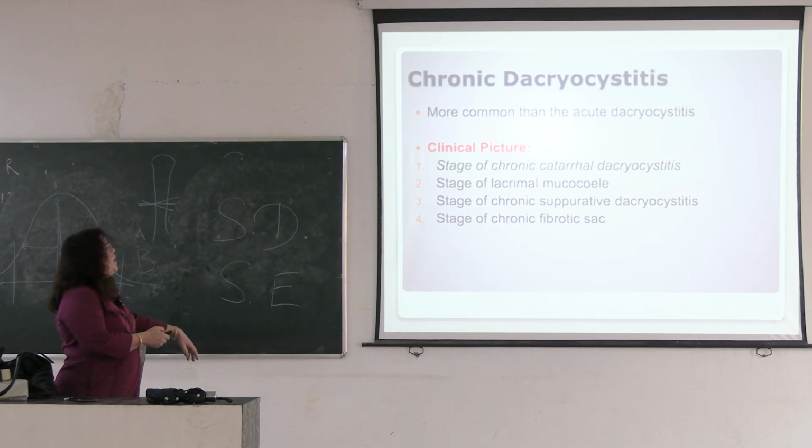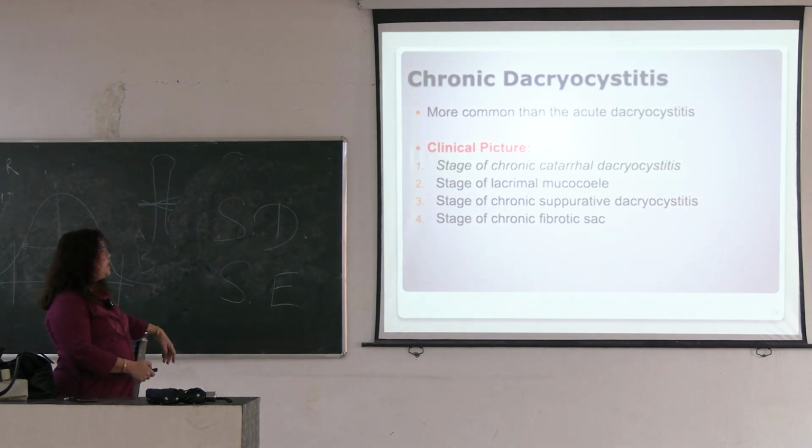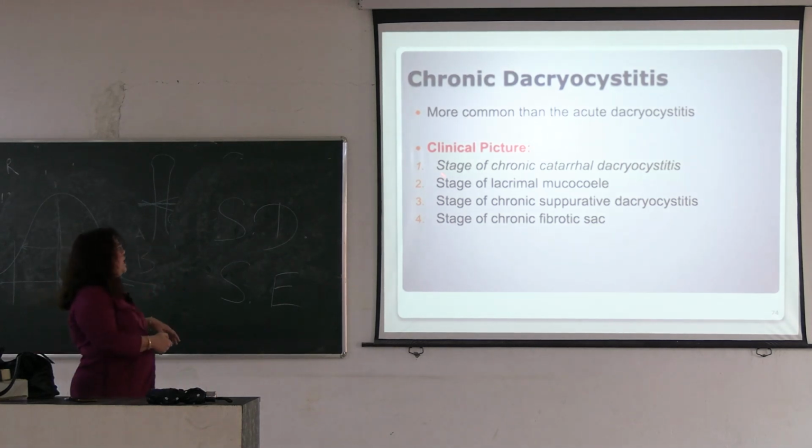So chronic dacryocystitis is divided into 4 stages: stage of chronic catarrhal dacryocystitis, stage of lacrimal mucocele, stage of chronic suppurative dacryocystitis, and stage of the chronic fibrotic sac. Here chronic inflammation of the sac occurs, and mucus is present in the sac, and that's why it is called mucocele.